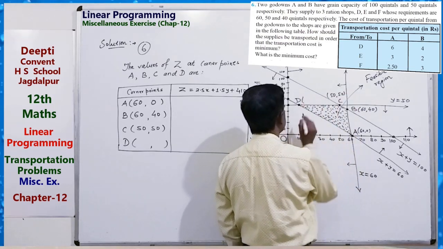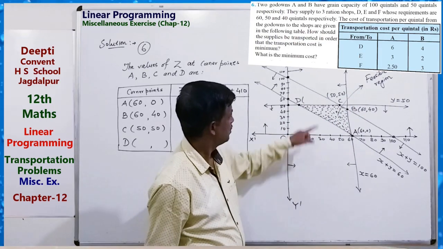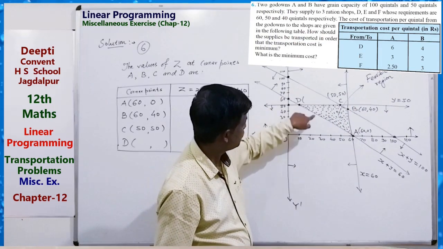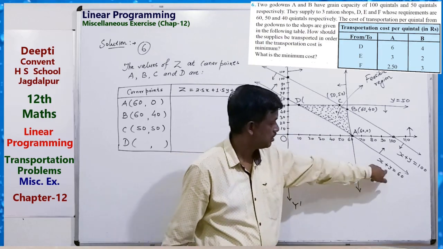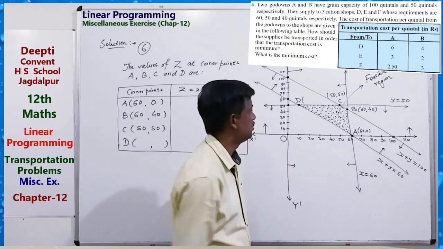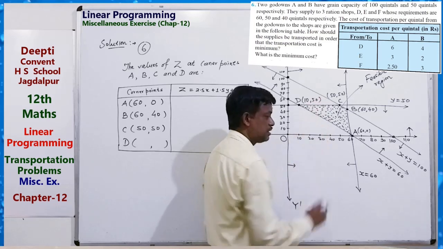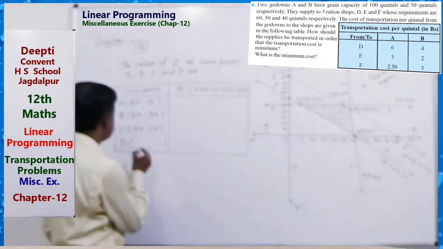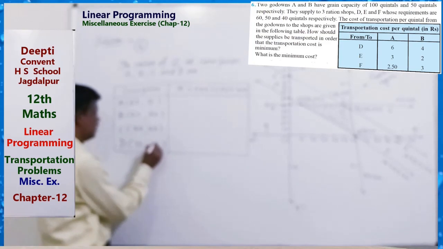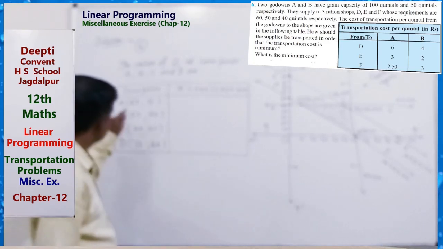And D is the intersection of y equals 50 and this line: y equals 50, x equal to 10. So D is 10, 50.